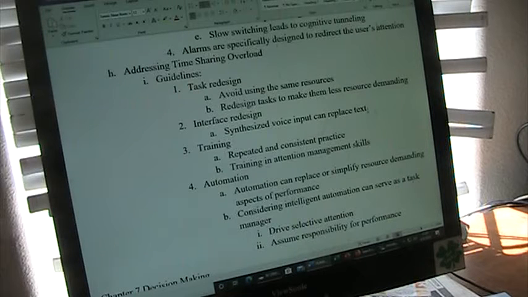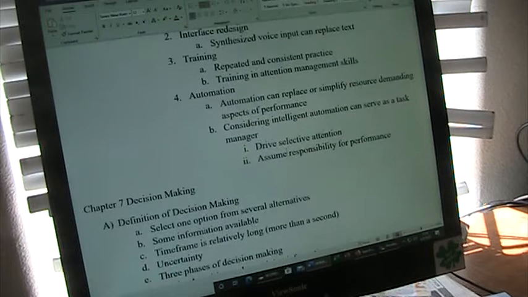We're using the visual channel for one thing, and then we're supplementing that with the auditory channel. Training is something that I've emphasized over and over again as being something that we need to emphasize for human factors tasks.